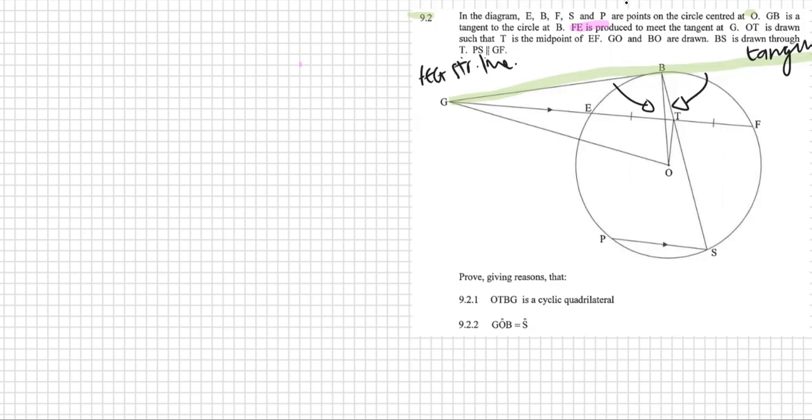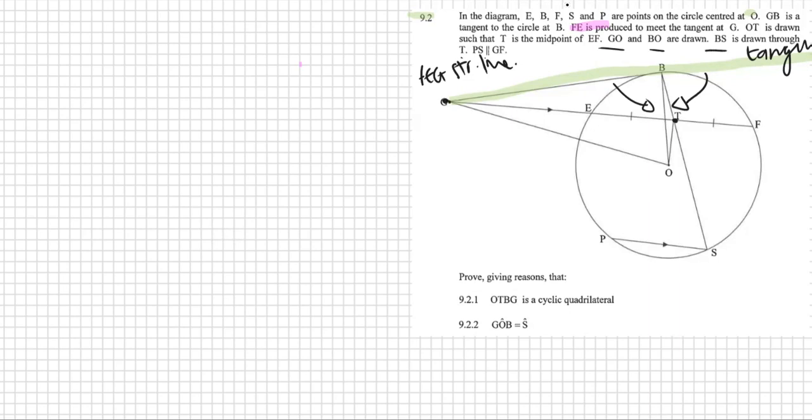OT is drawn such that T is the midpoint. So it cuts EF in half. GO and BO are drawn. And where's my G? Here. Okay.